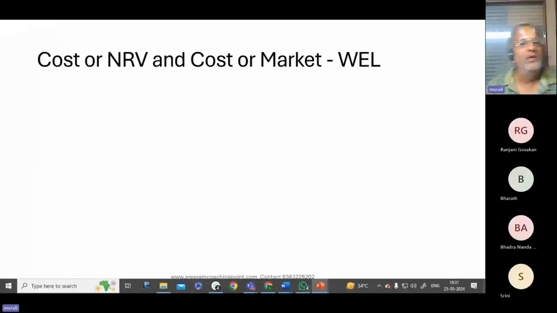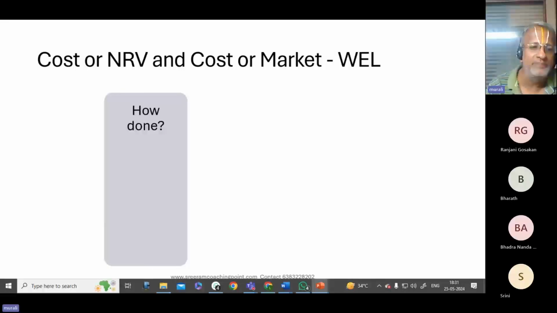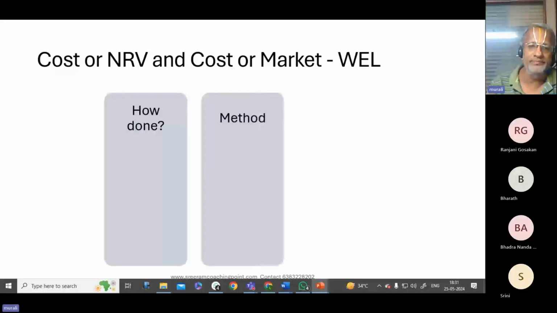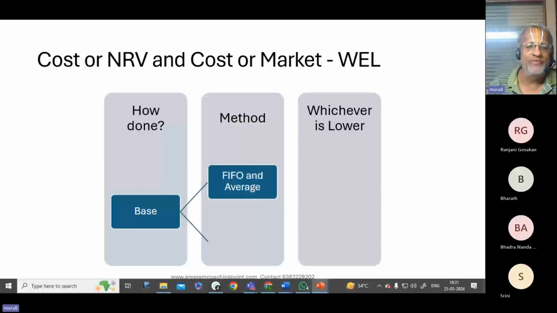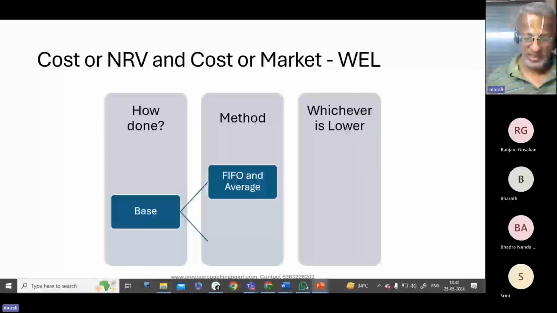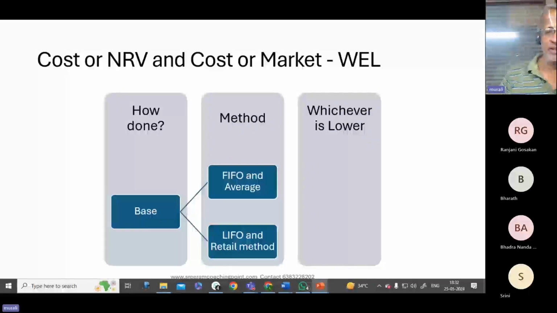Then cost or NRV and cost or market. Well, stands for whichever is lower. Under the method, whichever is lower, all of you closely follow: the base. Under that, you have FIFO and average. Already 2 slides before I've just done that. Next one is that LIFO and retail method.